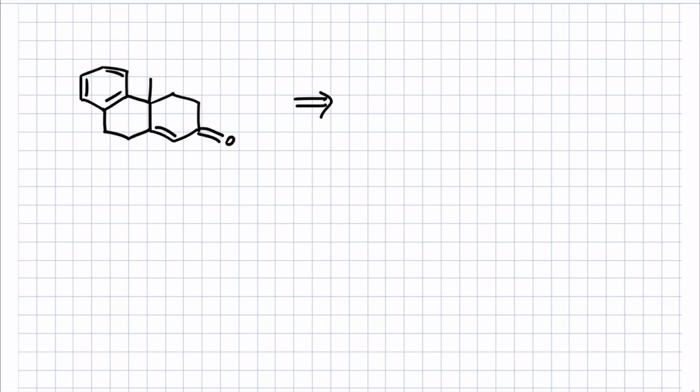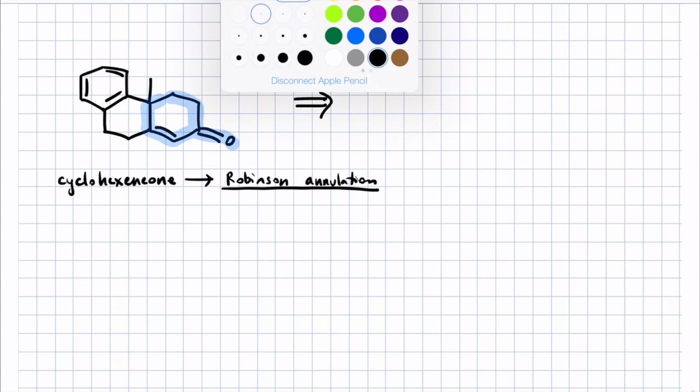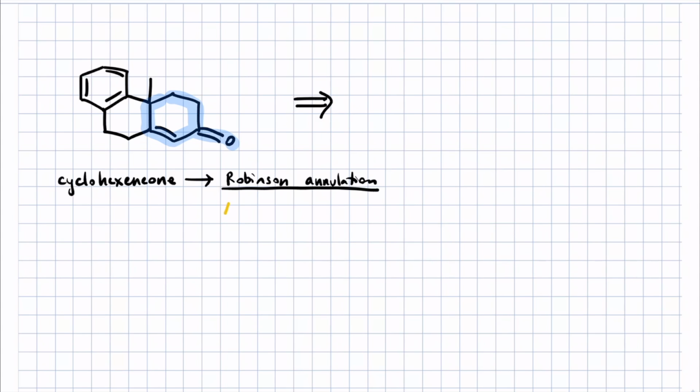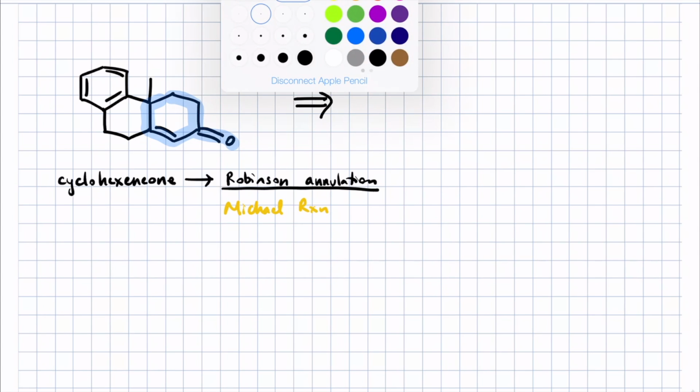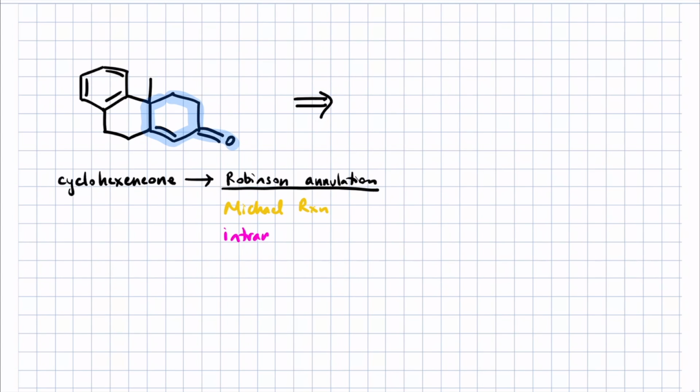All right. So the first key observation is that anytime you see a cyclohexenone, that could have been made via the so-called Robinson annulation, which is just a Michael reaction followed by an intramolecular aldol reaction.